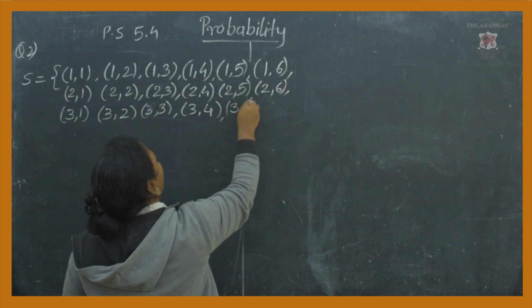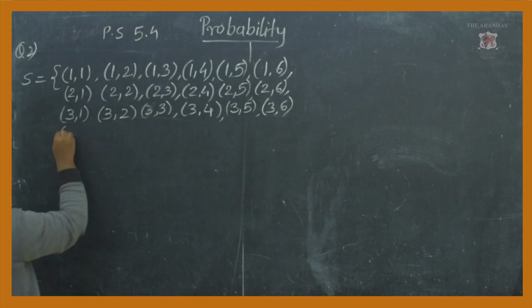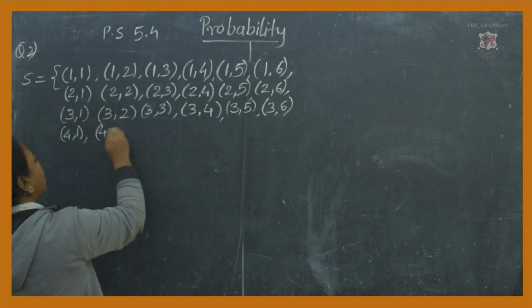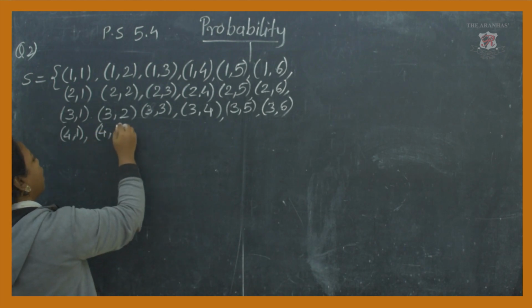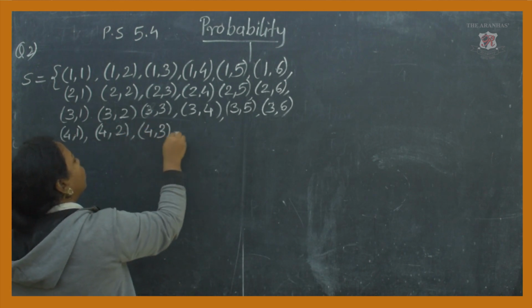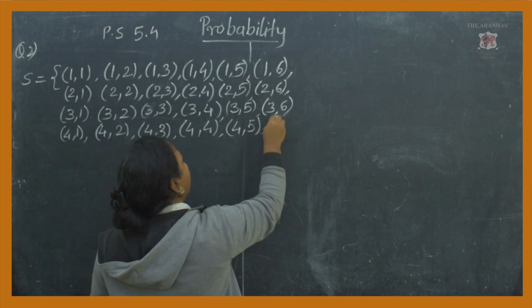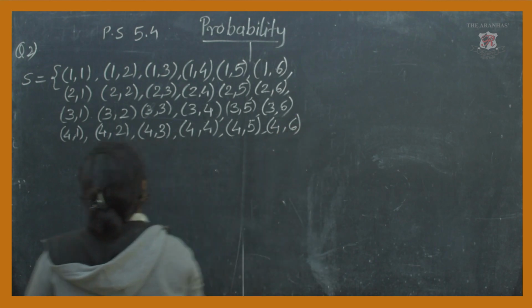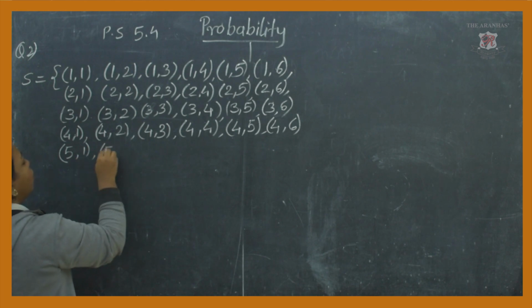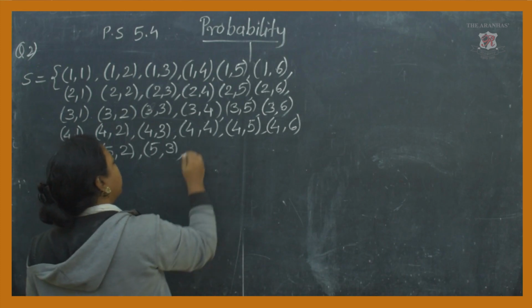When two dice are rolled, on each die we have numbers 1 to 6. So we keep one number constant and vary the other side. So we get 1 with 1, 1 with 2, 1 with 3, 1 with 4, 1 with 5, like that each and every number. I am writing this for your convenience only, to show how to write that sample space.